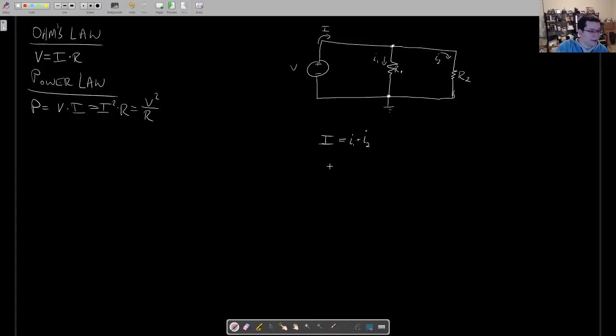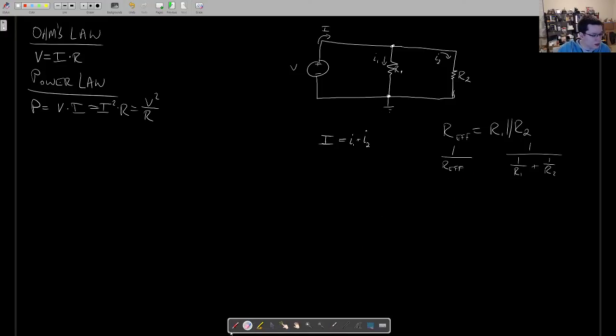And then we have a technique for combining parallel resistances so that R effective is equal to R1 paralleled with R2. I'll show you the general relationship.